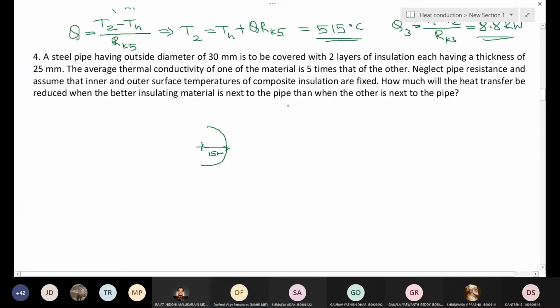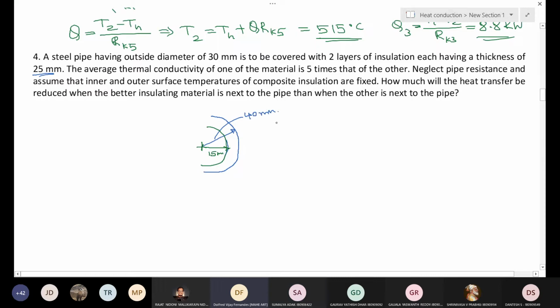So we have another layer of insulation around the pipe. So what is this radius then? The outer radius here is 15 millimeter, and we are lagging that pipe with a 25 millimeter thickness insulation. So what will be this radius? 40, sir. 40 millimeter. Good.